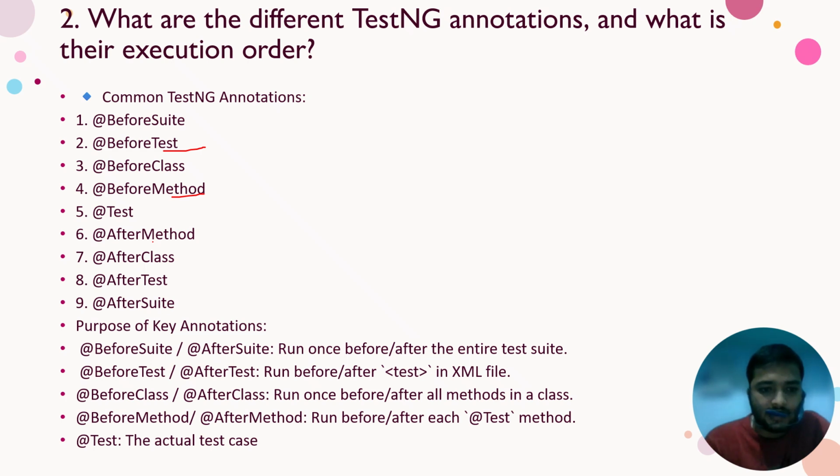Purpose of the key annotations: BeforeSuite runs once before the entire test suite, and BeforeTest runs before any test in the XML file. BeforeClass runs once before all the methods in a class. BeforeMethod runs before each @Test method, the actual test cases.